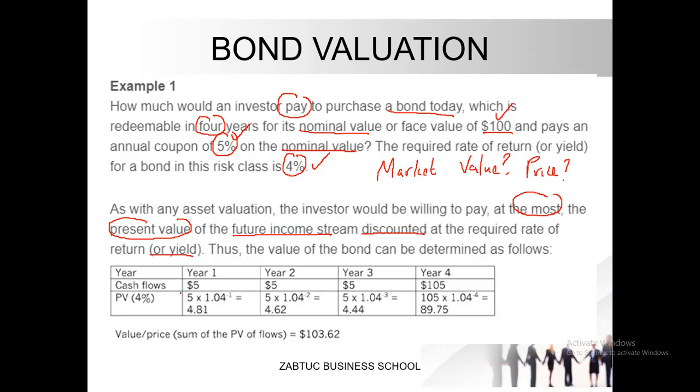Thus, the value of the bond can be determined as follows. So this particular bond, how much will be the interest every year, for the next 4 years? The interest is 5%. This one, coupon rate. So the interest that you'll be receiving will be 5% multiplied by $100, giving you $5.